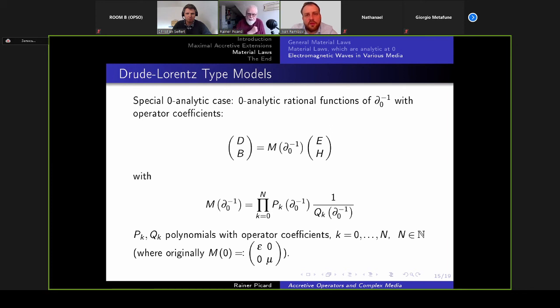A case in point, just an extreme case: your material law could be just D0 inverse. Then Maxwell's equations would be 1 plus this Maxwell curl minus curl thing, 1 plus A. There's no time derivative occurring at all, but it's still manageable in this framework. But of course, you don't have a semigroup.